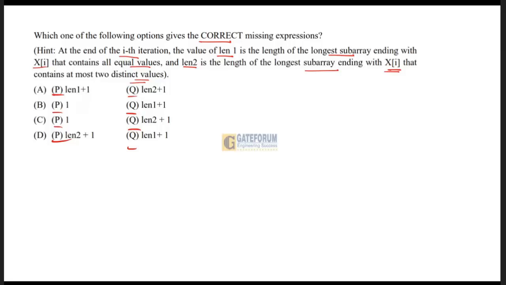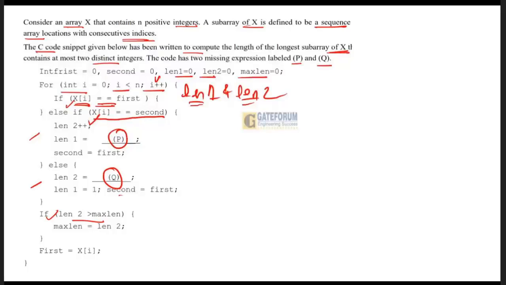As per this particular hint, if the current digit is not the same as the previous digit in the subarray, we should reset the value of length 1, right? And we need to increment the value of length 2 in that case, correct?